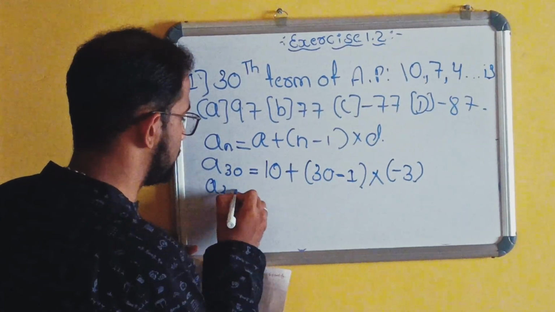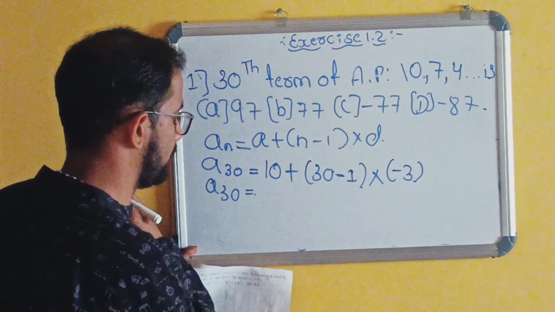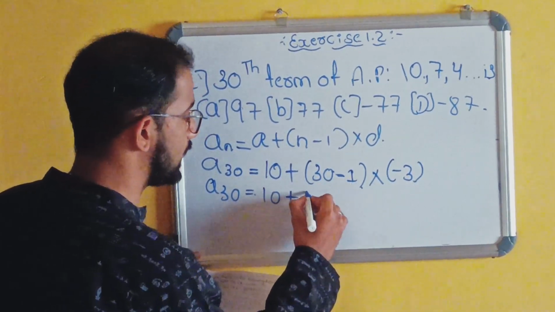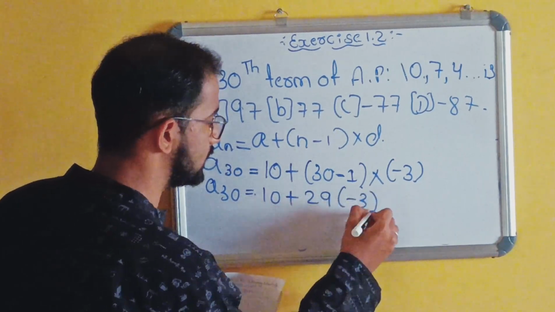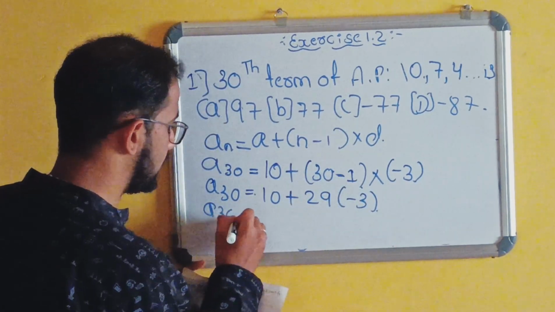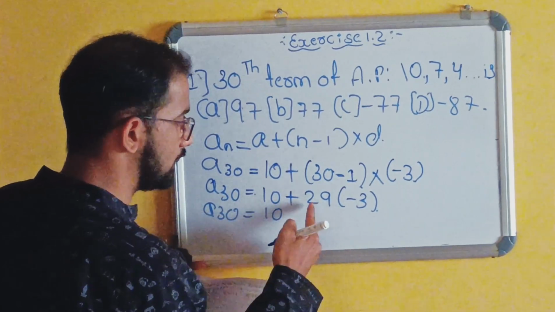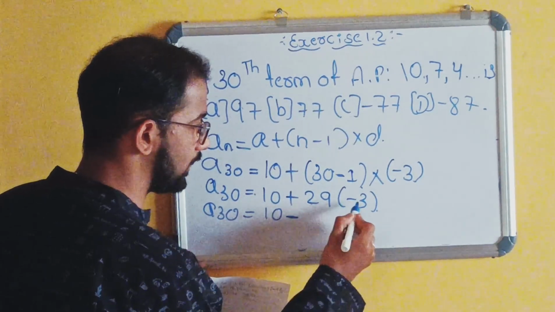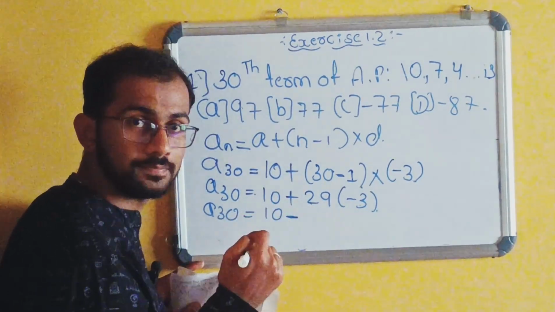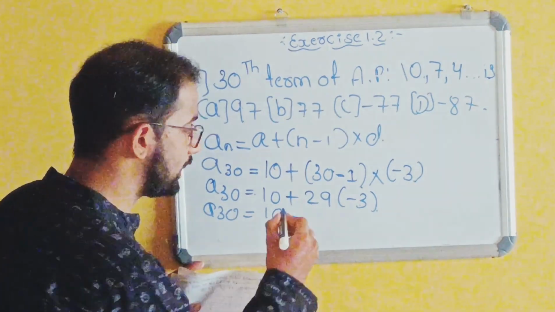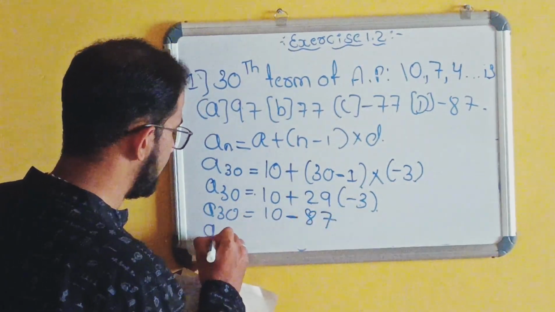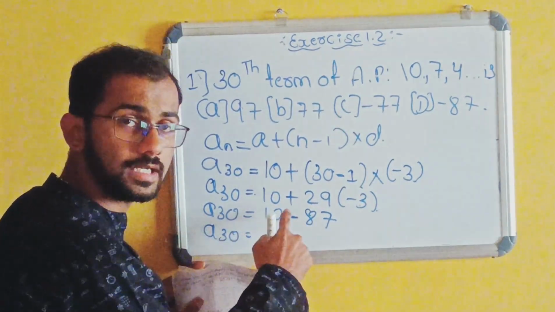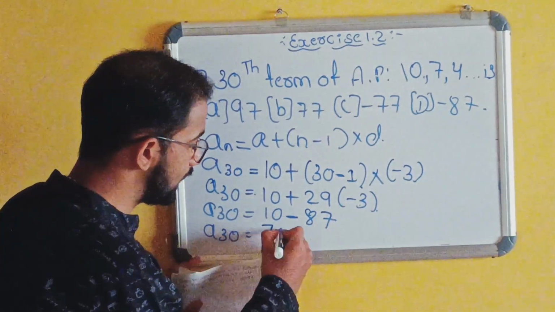Now, 10 plus 30 minus 1, which is 29, into minus 3. What is 29 into 3? 87. A30 equals minus 87 plus 10, or 87 minus 10, which is 77.